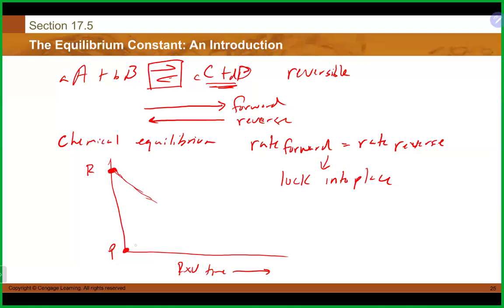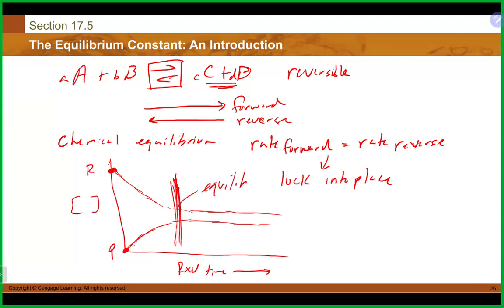At the same time, we'll start making some of our products. Eventually, they'll both start to level off and go straight, maintaining their concentrations. This is the concentration of everybody. And at that point where they level off, that is where equilibrium is reached.